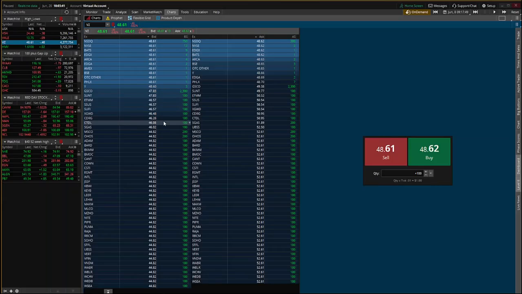So keep that in mind as you're looking at level 2, because sometimes these market makers will flash numbers to make a trader think that this stock is going to work a certain way. As you are trading and looking at your level 2, it works best when there's actually a lot of volume. That's the whole point of level 2, to be able to see the volume and the fluctuations and the orders of all this price action.